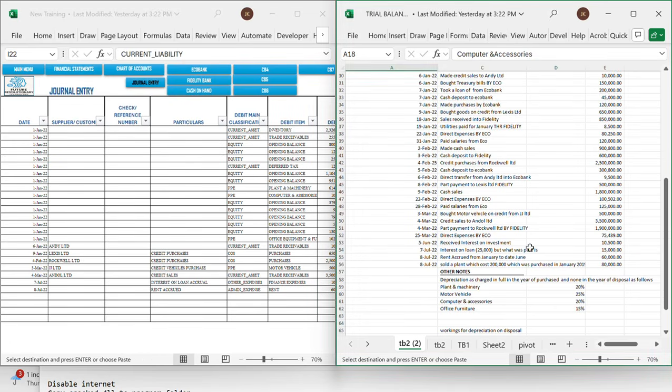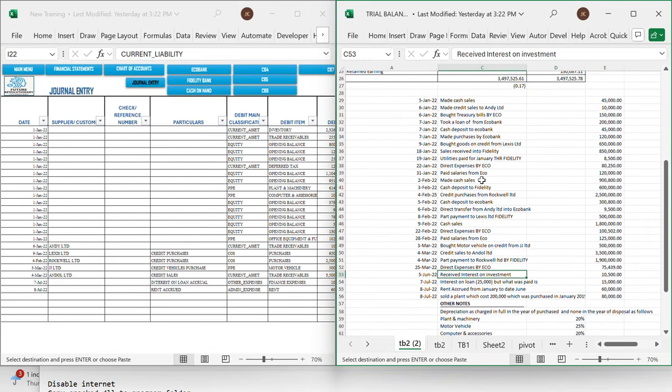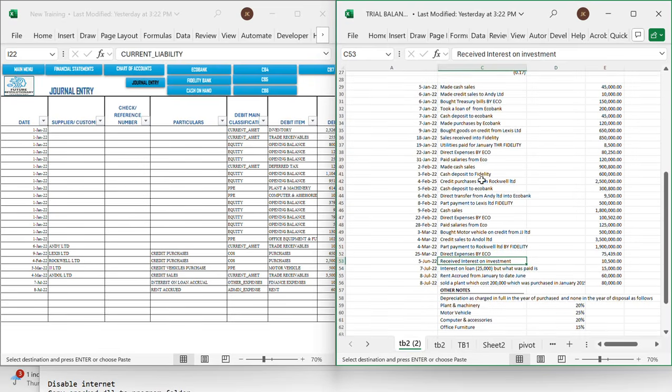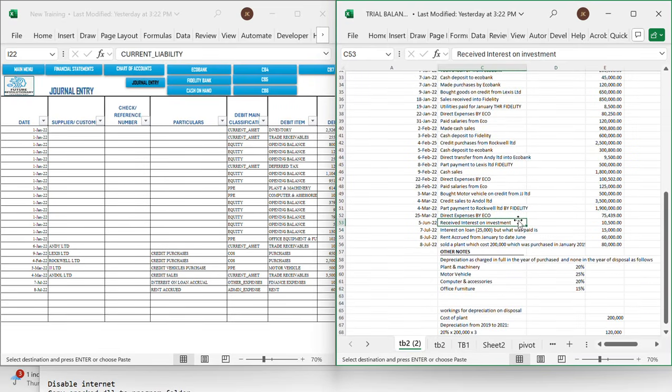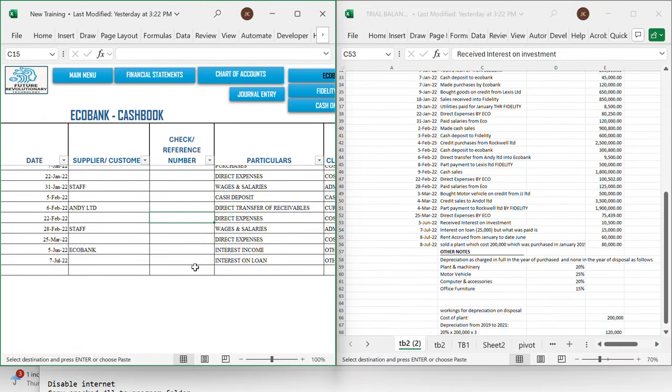So the first one is interest received on investment, right? So remember, our investment was done using the EcoBank, right? So this interest received on investment would probably be received in EcoBank, right? So it is going to be we debiting our EcoBank account and crediting our investment income.